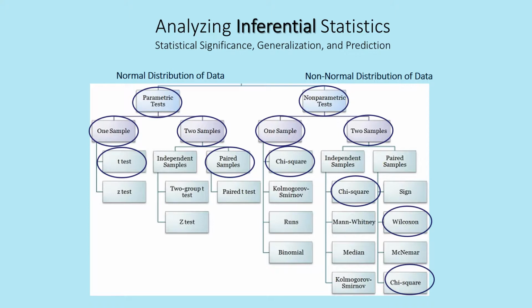Going back a step further, we want to look at probability sampling and non-probability sampling and how our sample may affect the type of test we're going to run and the distribution we're going to get. So the very first thing we do after we have selected our sample and then move forward to testing our sample, we run the descriptive analysis to look at the data and see how it is distributed.